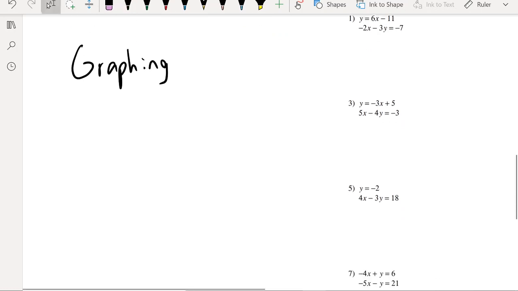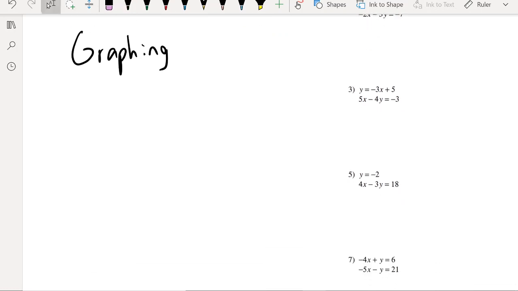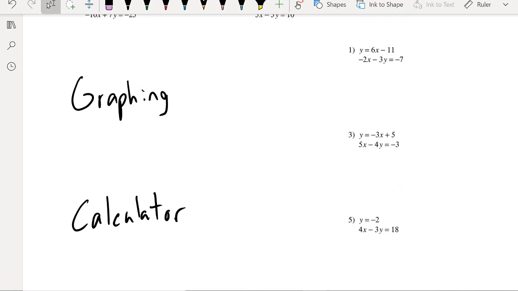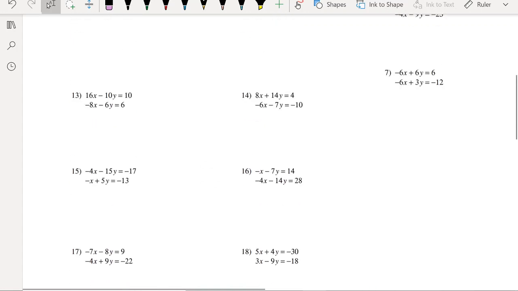But then there's a whole other one that has to do with your calculator. If you're a really big fan of using your calculator, you're real tech savvy, then this calculator one could be for you. It involves some math that's a little bit more complex, but you don't have to understand the math, you just have to understand how to type it into the calculator, and the calculator does the math for you. So we'll get into that in a second.